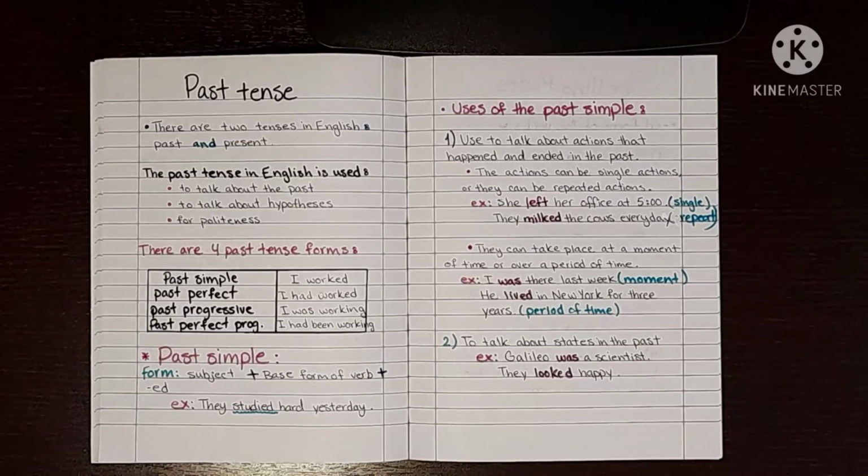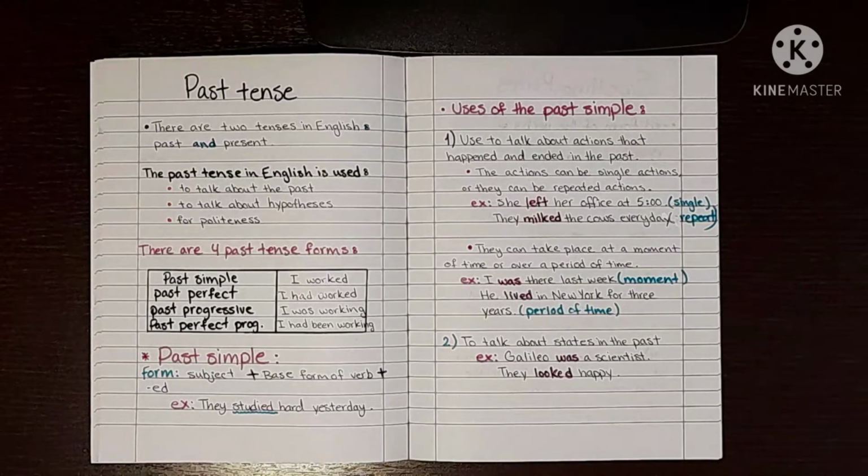Okay, the past tense in English is used to talk about something that happened in the past, of course, and to talk about a hypothesis, which is an idea or a theory that is not proven yet, and to be polite. So for politeness, when you're asking somebody to do a favor, you're most likely to use the past tense.